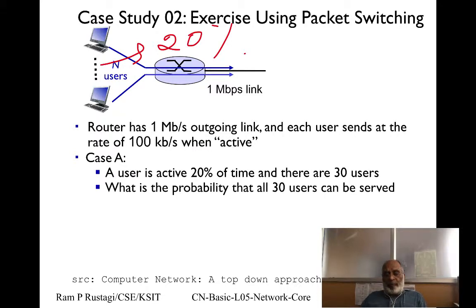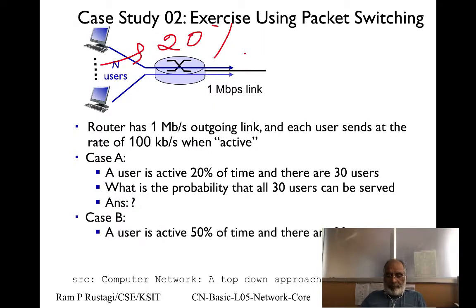So what is the probability that 30 users could be served in this setup? Case B, take the case where each user is active 50% of the time and I have 20 users. So what is the probability that this setup would support them? Compute the probability.